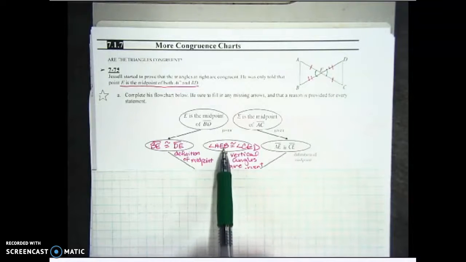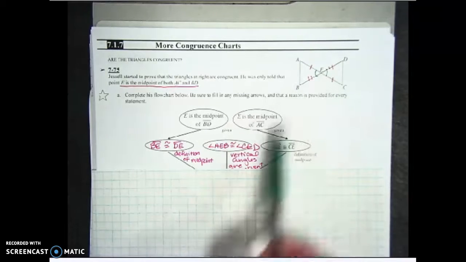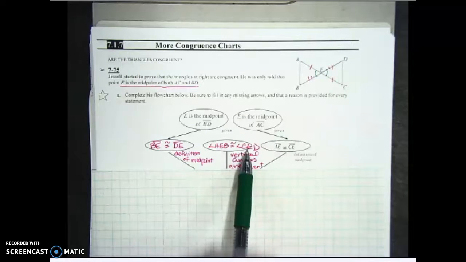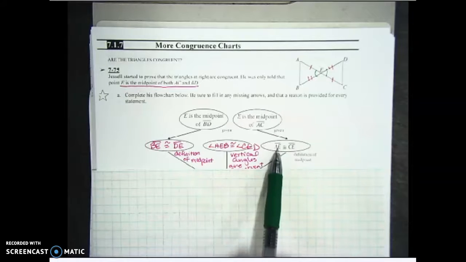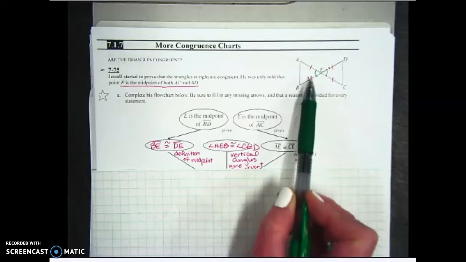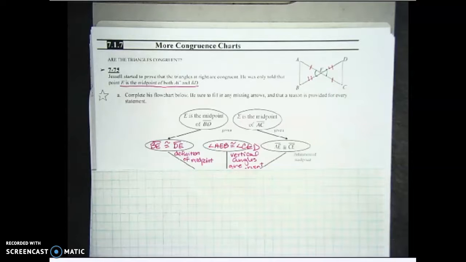Then we've got the two angles in the middle, angle AEB and angle CED, congruent because of vertical angles.